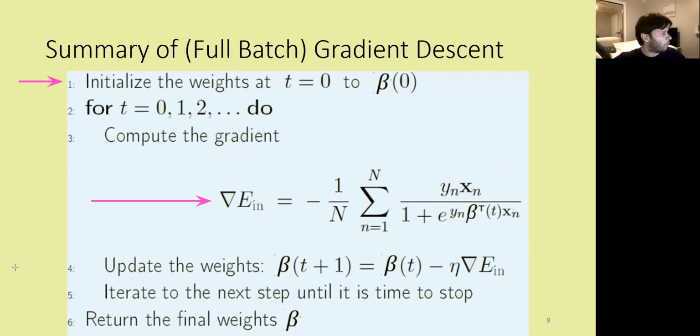Then we apply our update rule: at iteration t, we take the original guess and add the negative gradient vector, scaled by eta, the learning rate, which helps determine our step size. We keep iterating until we hit a stopping rule criteria, and then we return the weights, the betas, at that iteration. So this was the gradient descent algorithm.